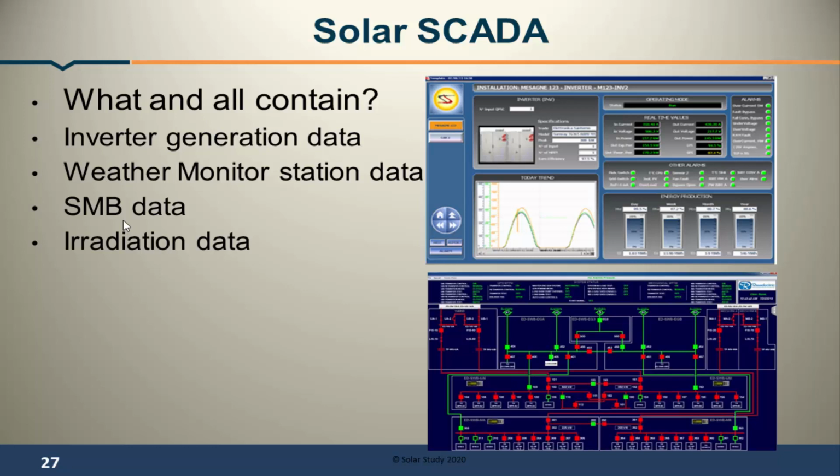Typically each power plant, let's suppose take a 10 megawatt power plant. In a 10 megawatt power plant, there may be 5 to 6 SMB. So according to the inverter, there may be a number of SMB. Suppose I am using a 1.25 megawatt inverter.